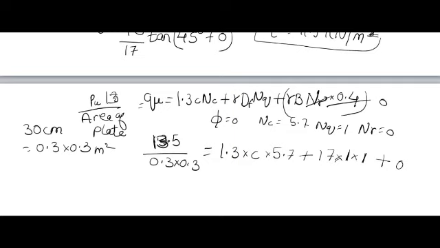So from this we can find the second coefficient value C. It comes out to be 17.95 kilonewton per meter square.